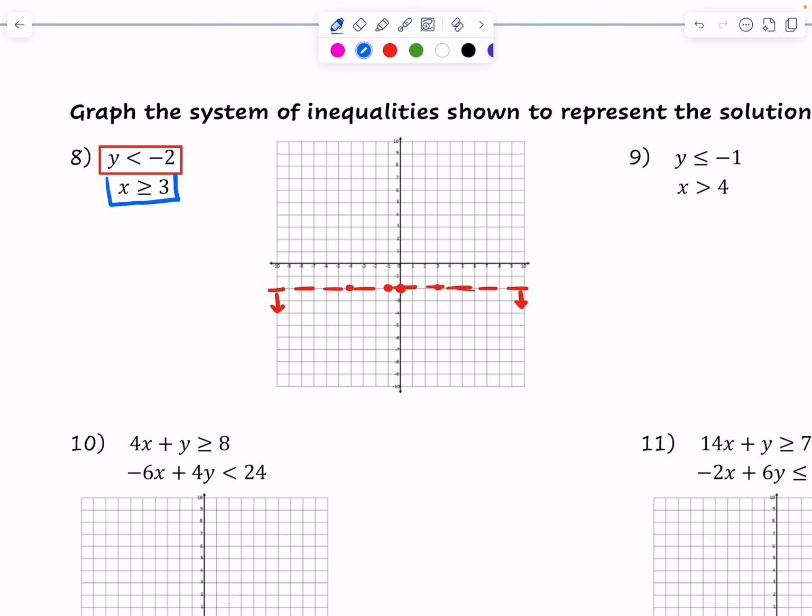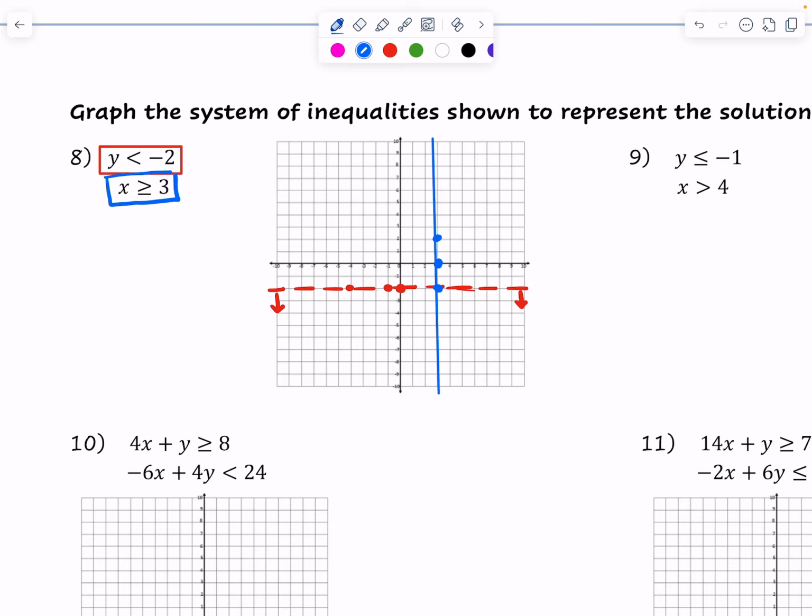So if we notice that y drew a horizontal line, then that must mean that x is going to draw a vertical line. And x must be 3. So that's 3, 0, or I could have 3, 2, or I could have 3, -2. Doesn't matter. The big important detail is that the x's all have to be 3.